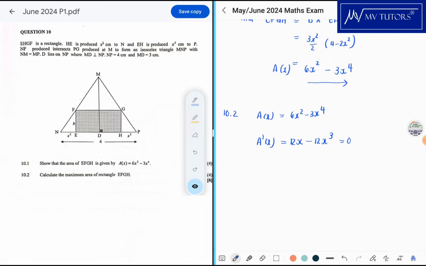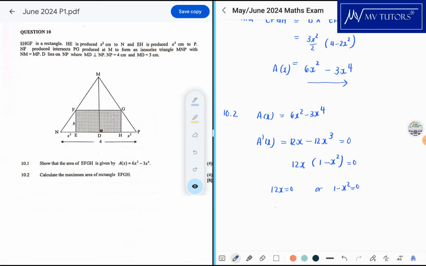I'm going to make that equal to 0. Then I'm going to take out the common factor here, which is 12x. Then I'm left with 1 minus x squared. Okay, difference of two squares. So I have that 12x is equal to 0, or 1 minus x squared is equal to 0.